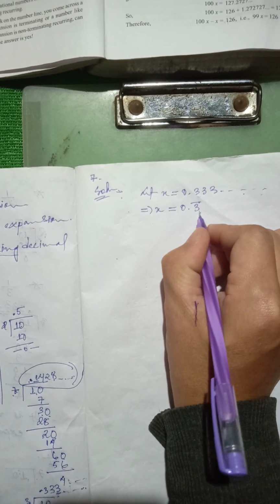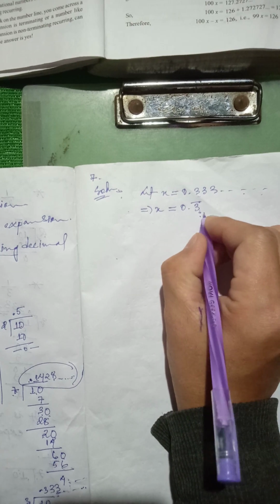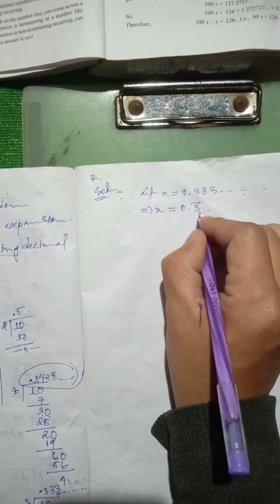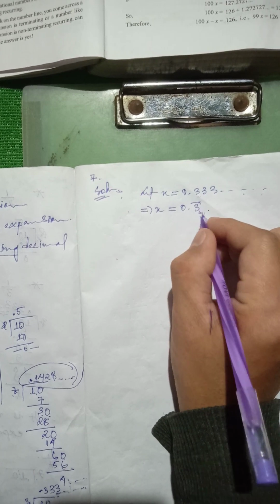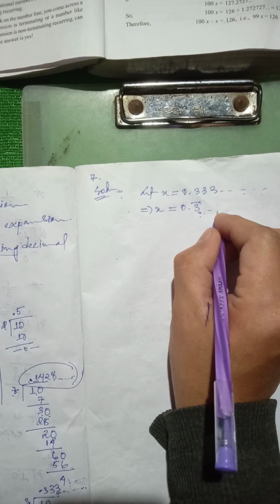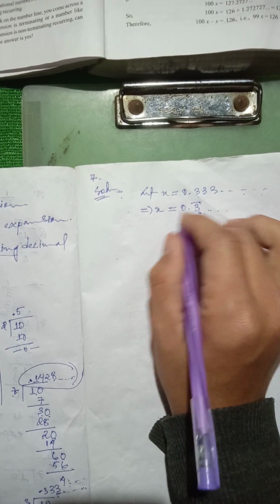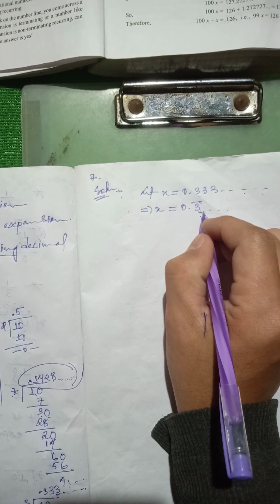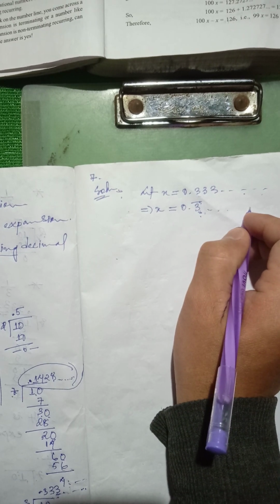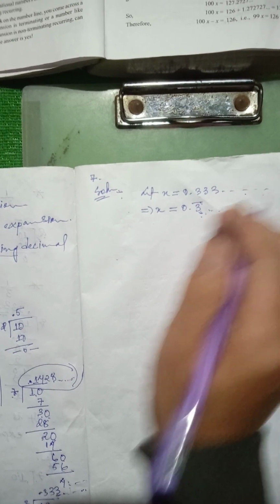Here we have only one digit, that means we have to multiply with 10. If the number under the bar is two digits, you have to multiply with 100. If it is three digits, you have to multiply with 1000, and it goes on like this.